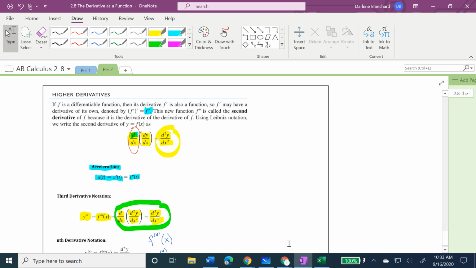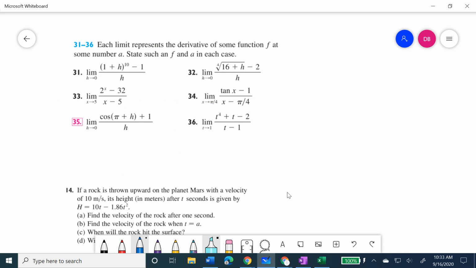All right. Now, I know that I need to go over at least one of these problems right here. Do you have a preference for 31 through 36? I can't recall off the top of my head which problems I assigned to you. 35.